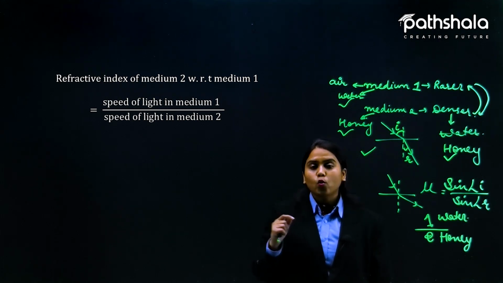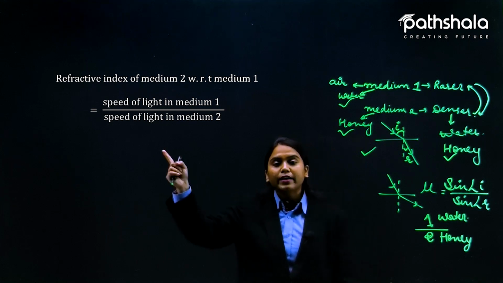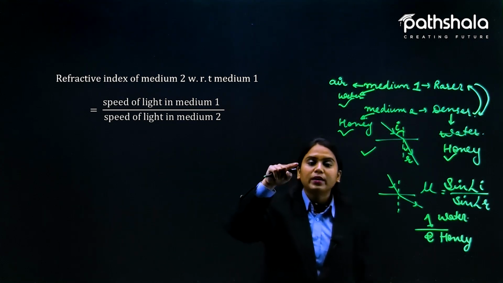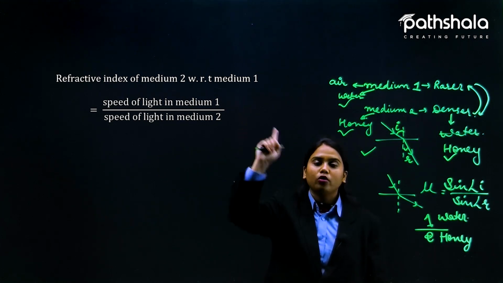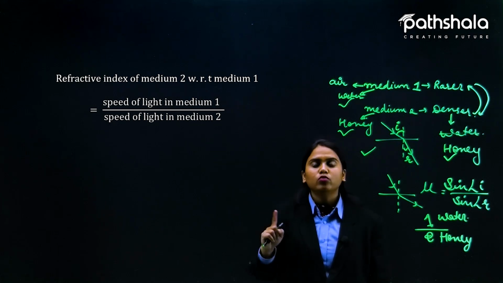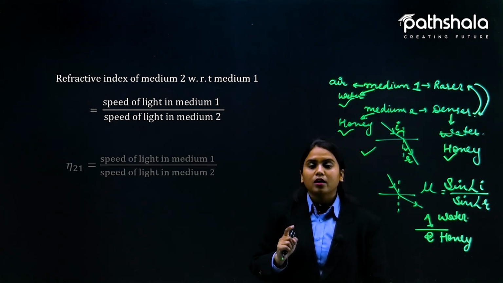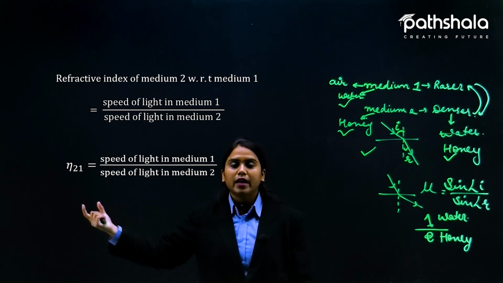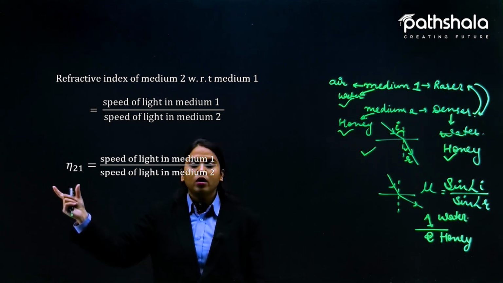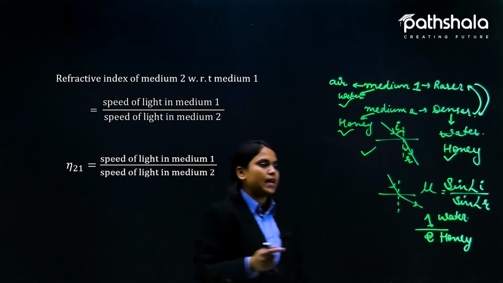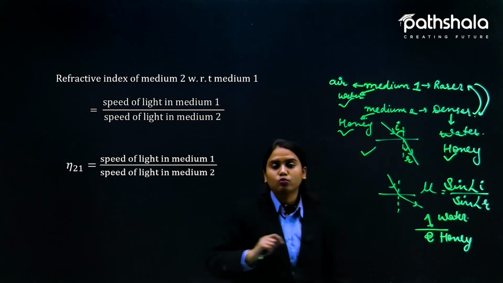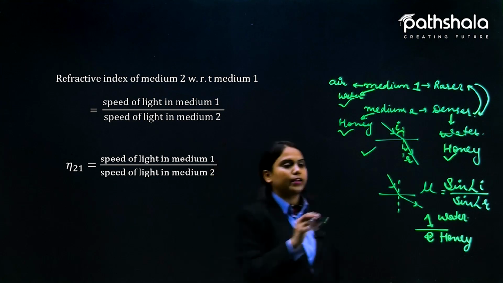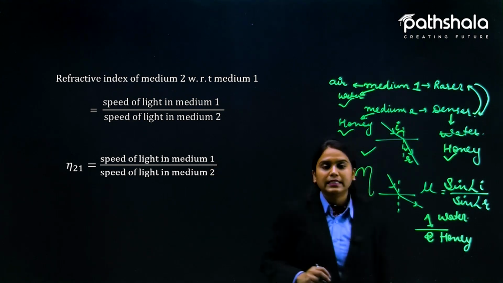Here, when you want to find the refractive index of medium 2 with respect to medium 1, put medium 1 on the top and medium 2 in the denominator part. And this could be the symbol for the refractive index. As I have made a refractive index symbol here, it is also written in books like this, with a theta sign.